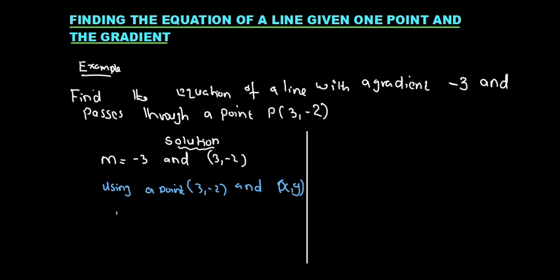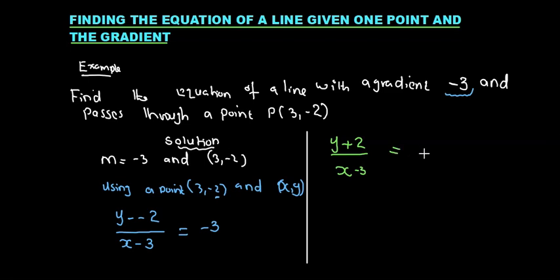That will be y minus -2 divided by x minus 3 should be equal to the gradient that we were given here, which is -3. Simplifying this becomes y plus 2 divided by x minus 3 equals -3.